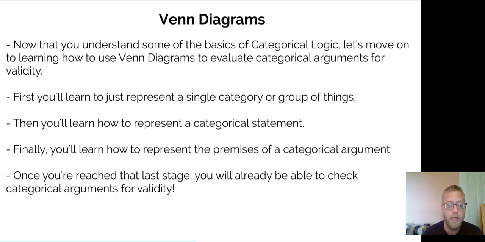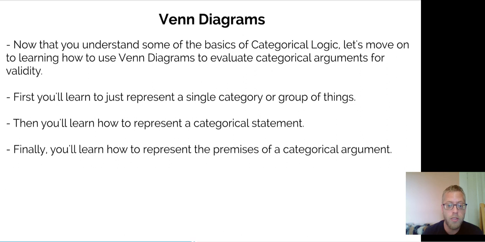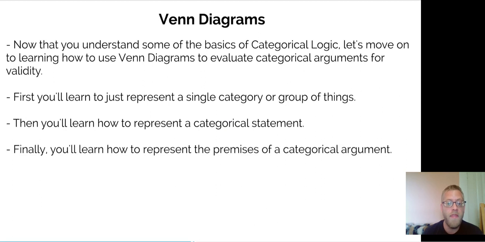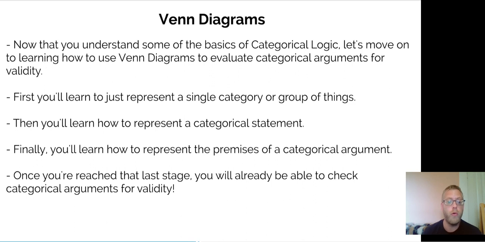Quickly, just to tell you what we're about to do: you'll learn how to represent just a single category. Then you'll learn how to represent a categorical statement, where you have a subject and a predicate. And then you'll learn how to put two premises together into a whole Venn diagram, and that will allow you to check a categorical argument for validity.